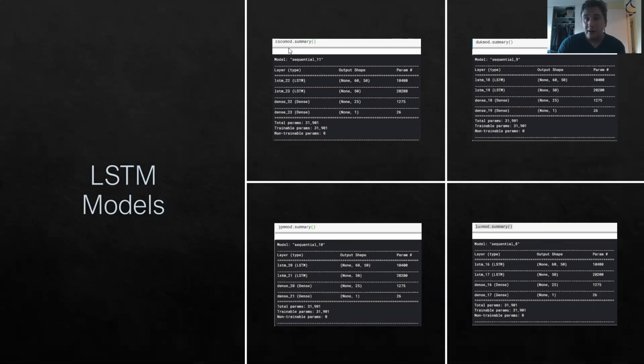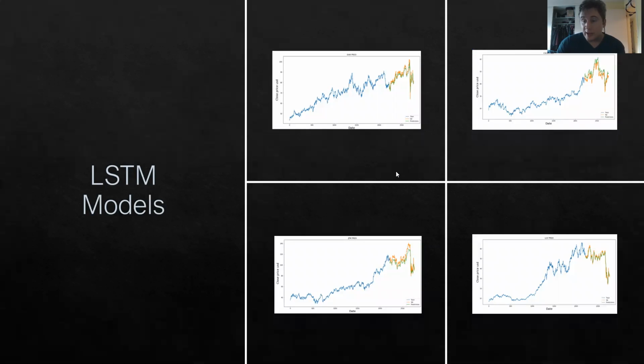I've got Cisco, Duke Energy, JP Morgan Chase, and Southwest Airlines here. This was just a basic couple of sequential modeling layers done in Keras. The next part is after taking the data and training the model using 80% of the stock pricing data.